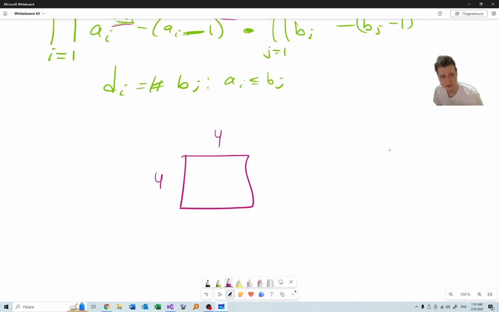Then we have the product from 1 to n of ai to the power of what?